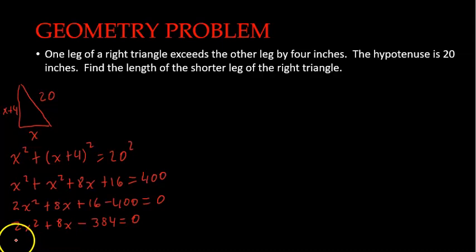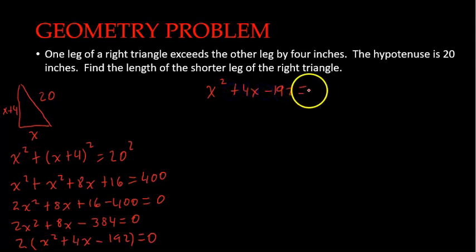In this case, 2 is the greatest common factor, and the polynomial is x to the second power plus 4 times x minus 384 divided by 2, that is 192, equals 0. Now we can divide both sides by 2 because it's a multiplication, and the equation is x to the second power plus 4 times x minus 192 equals 0.